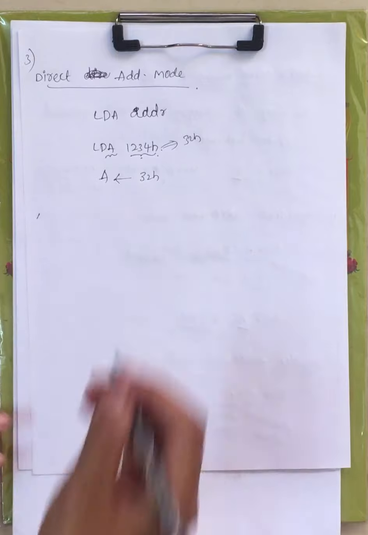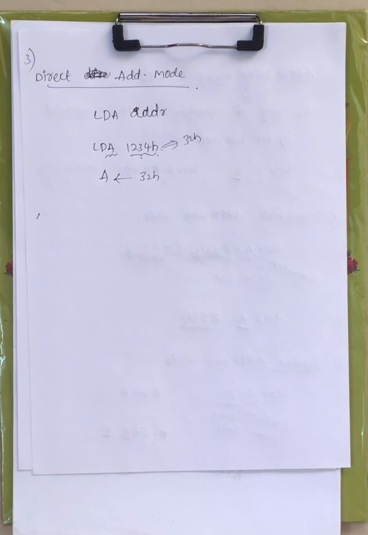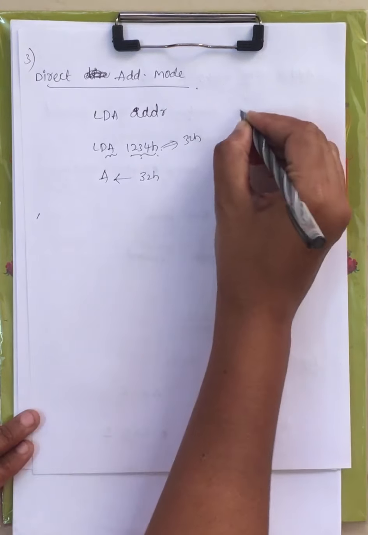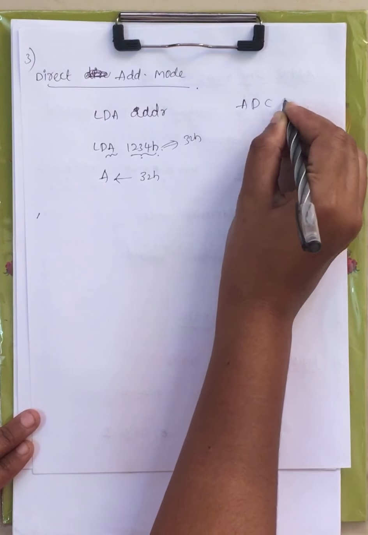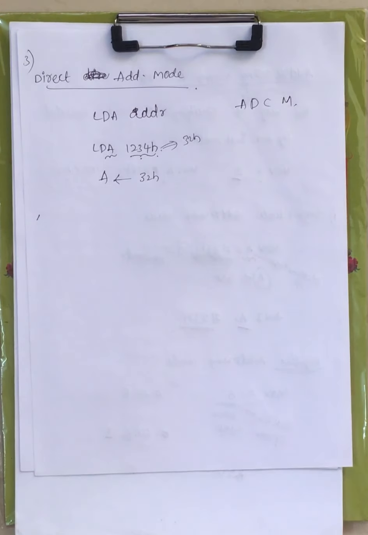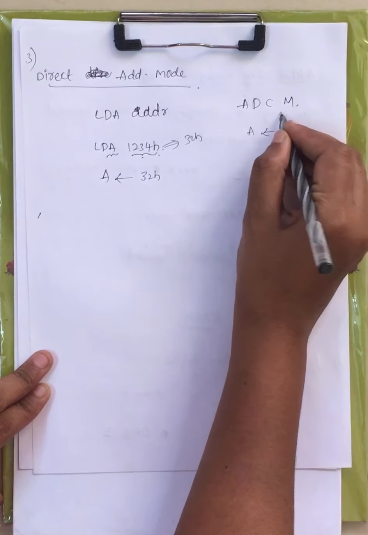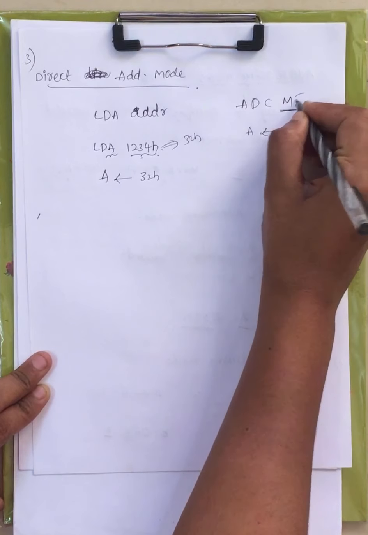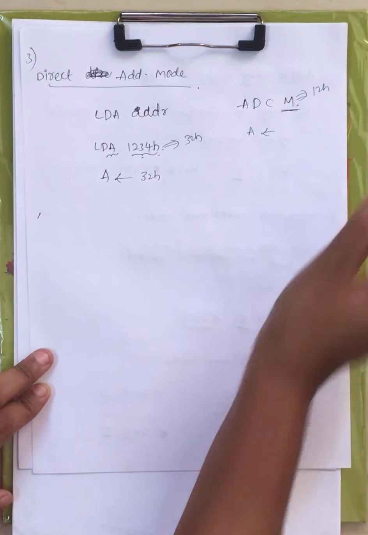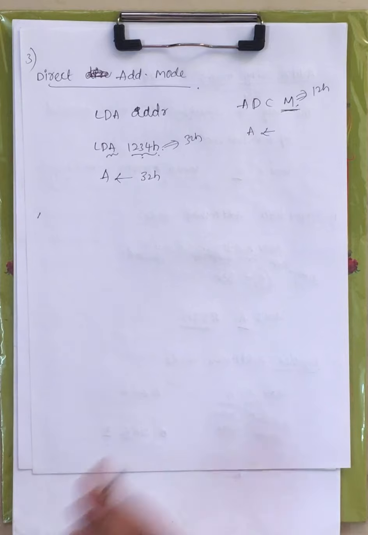Now I will give another example, another instruction: ADC M. What is ADC? Add with carry. Here you are adding the contents of a memory location. Let us assume the contents are 12H, where H is the hexadecimal format.